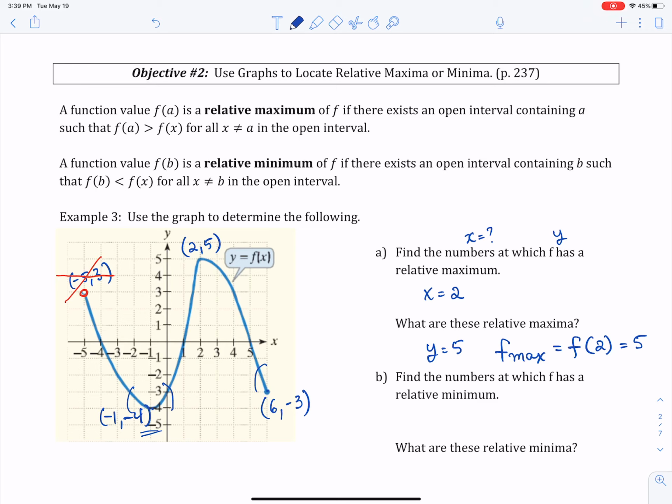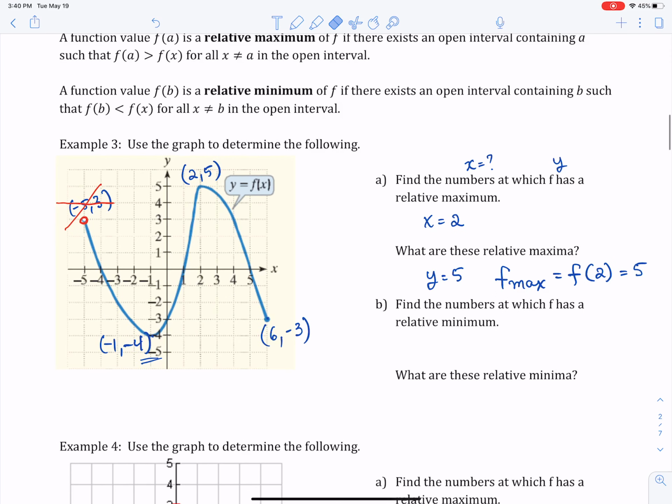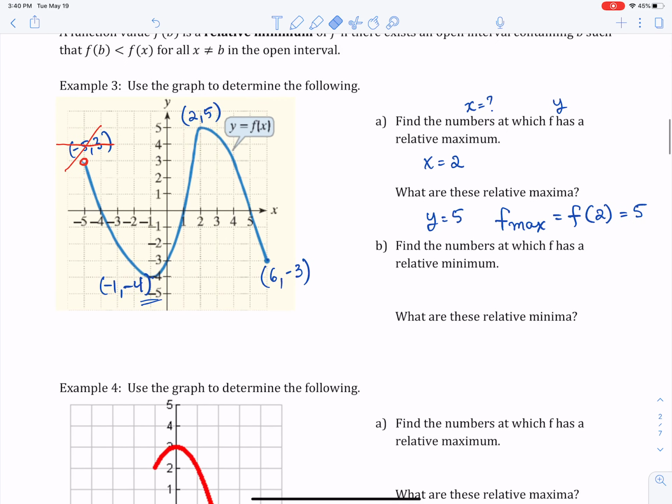So I can see that both of those are lower than the points around. So I'm going to have two relative minimums here. And at x is equal to -1, I'm going to have f of -1, and the value would be -4. So the minima is -4.